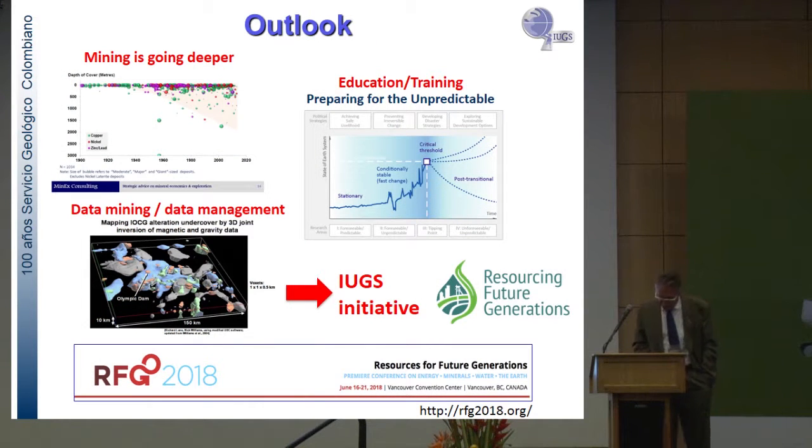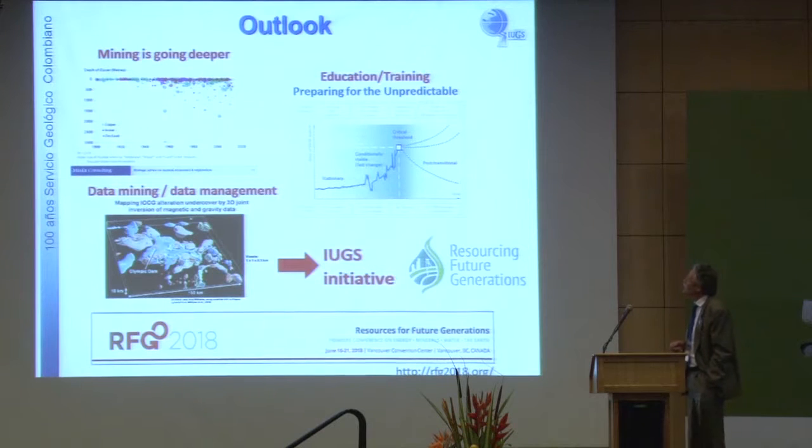Now, why is this important? I come back as president of IUGS. It is also important because we need to understand and to work together the geophysical data in order to find new resources. Mining is going always deeper.